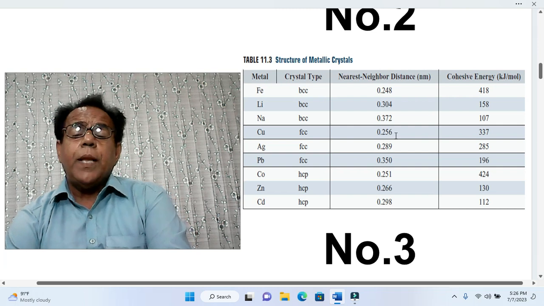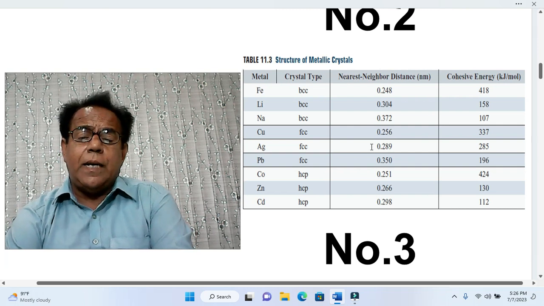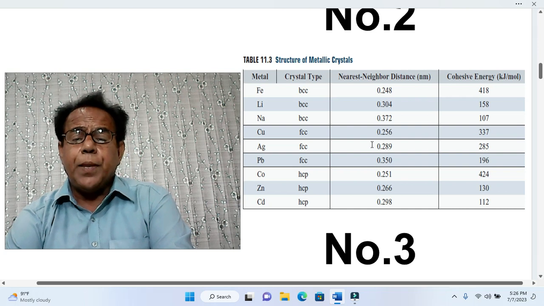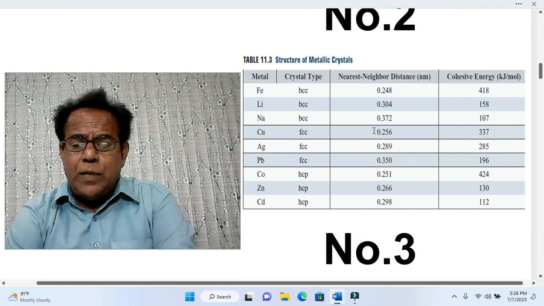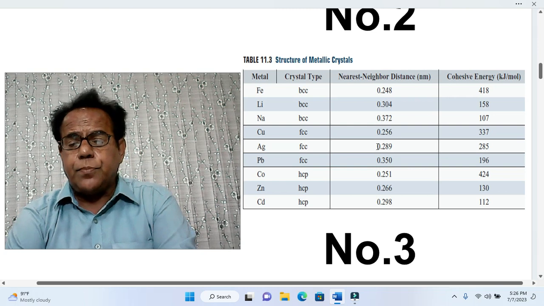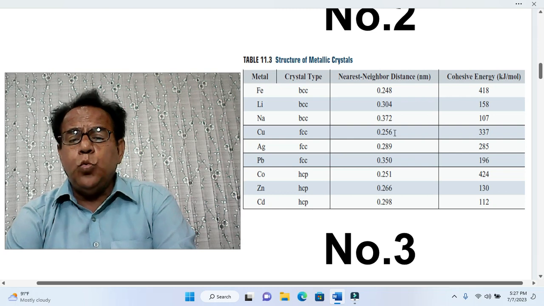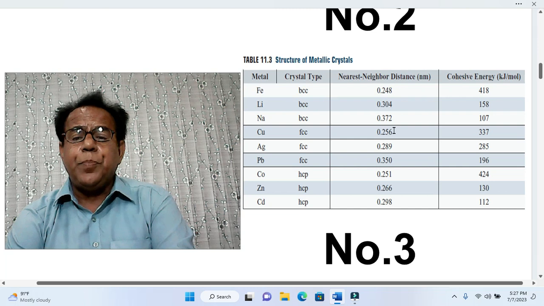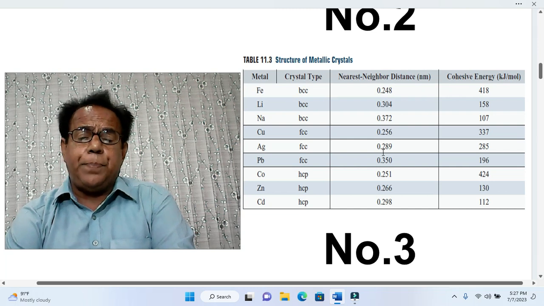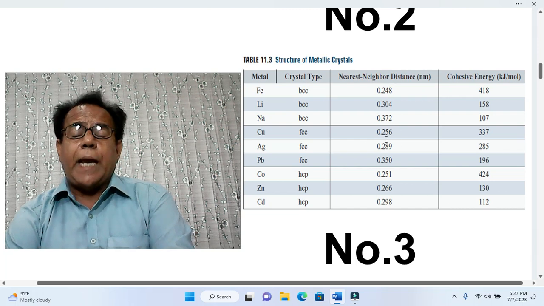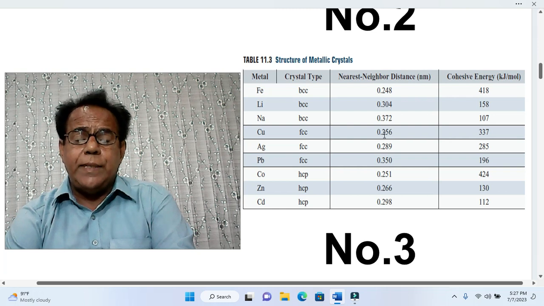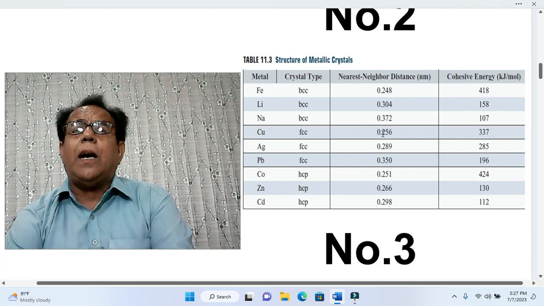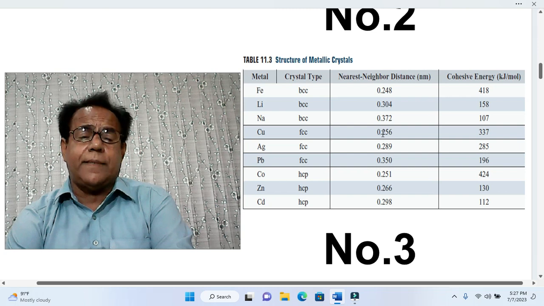So the result we arrive at the end of our solution will be compared with this value, 0.256 nanometer, the nearest neighbor distance, and from this comparison we will find how many spacings exist.